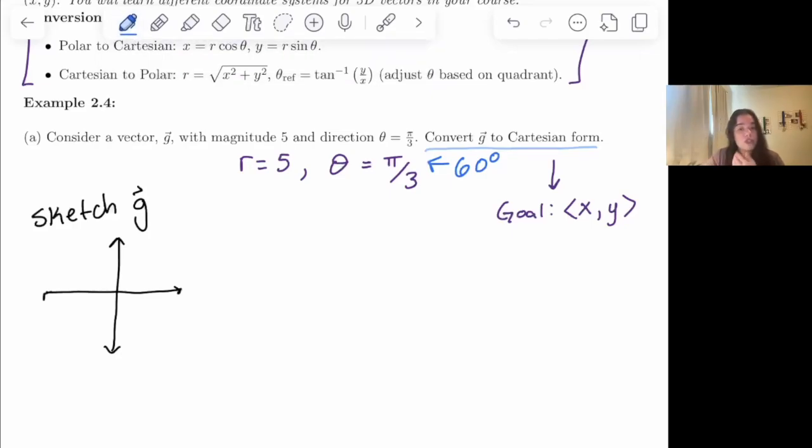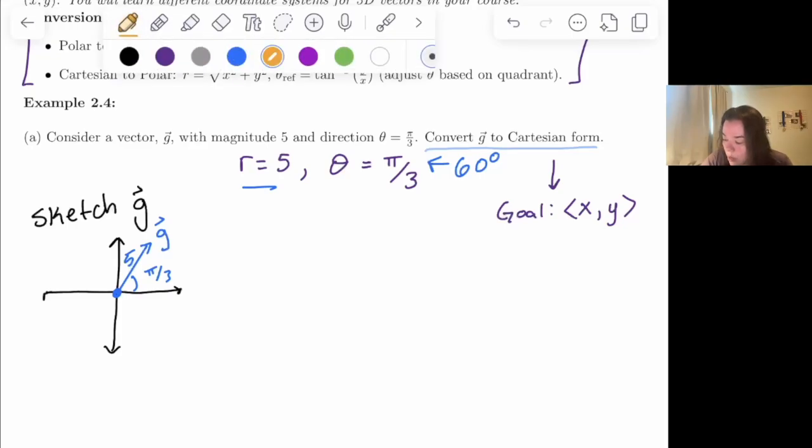Remember, vector g starts in standard position, so we put its tail at the origin, and then we need to follow the set of directions. We need to be 60 degrees off the positive x-axis with length 5. So vector g would be approximately here. The length of this vector is 5, and the angle off the positive x-axis is pi over 3. So there's a quick sketch of vector g.